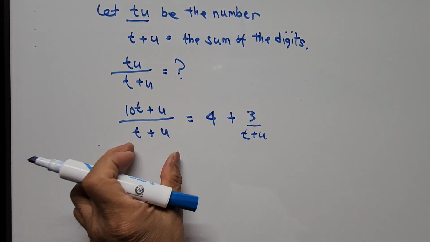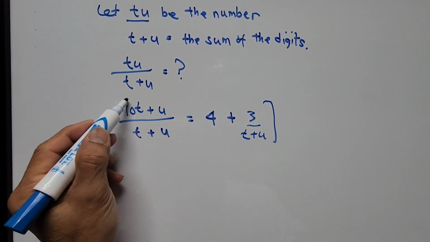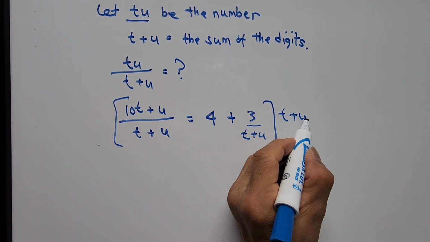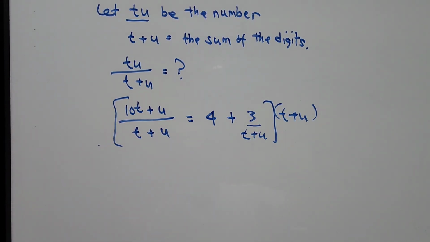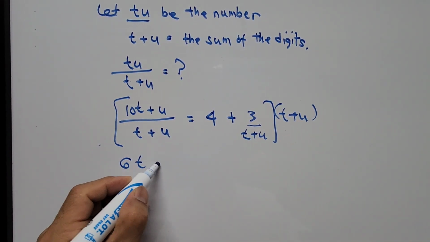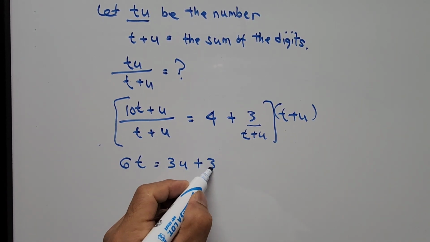We have a denominator over here. So we multiply the whole thing with the denominator, t plus u, right? Let's multiply the whole equation with t plus u. Simplifying this equation, we will have 6t equals 3u plus 3.